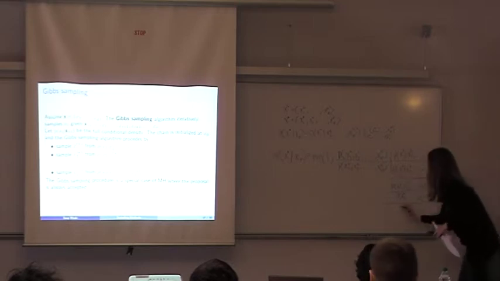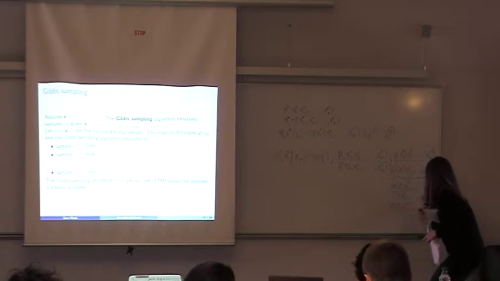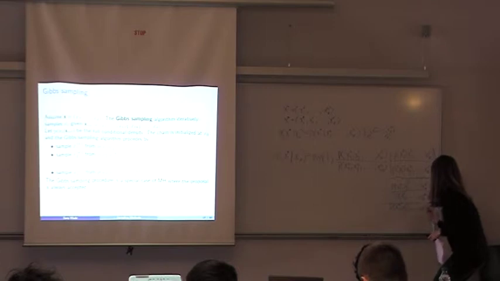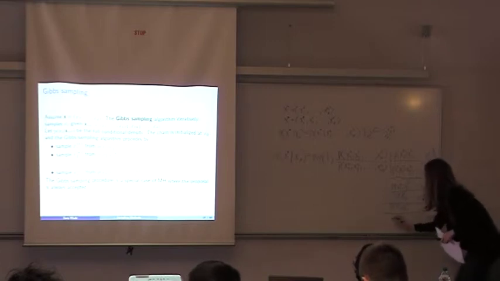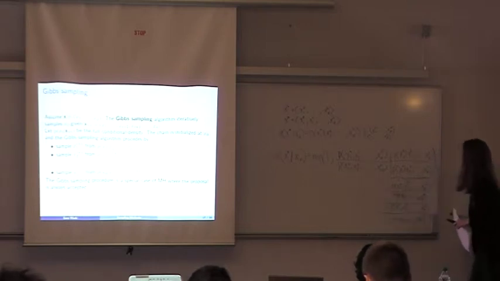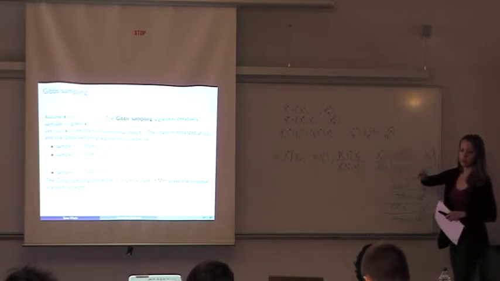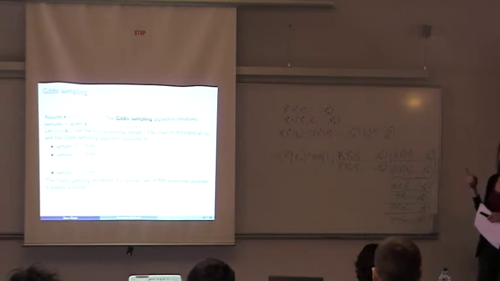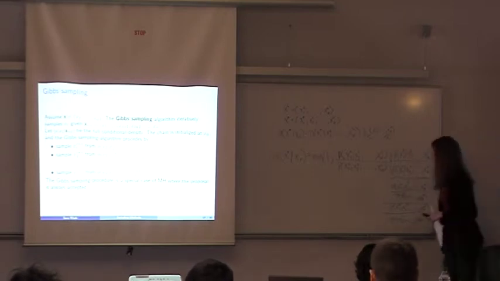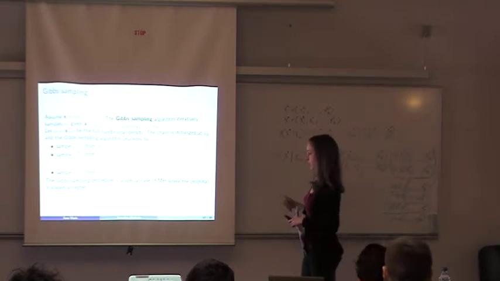We can do the same thing here, over the marginal. So you see that these marginals cancel out and that these terms cancel out with these two terms here. So we get an acceptance probability of 1. So Gibbs sampling is just Metropolis Hastings, where we always accept.